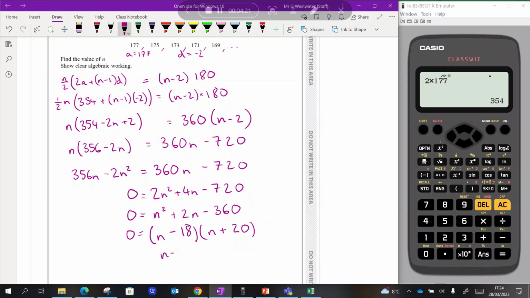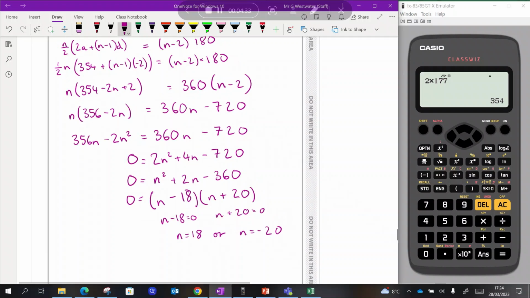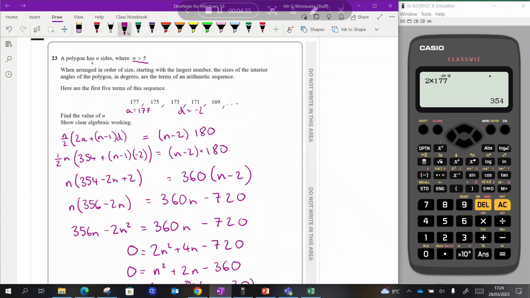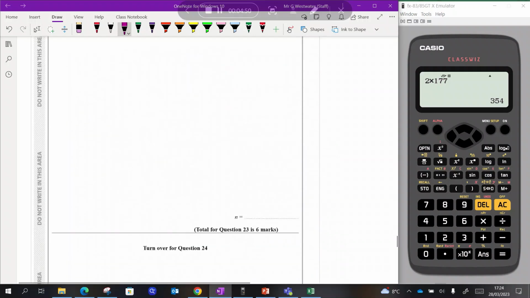So n minus 18 equals 0, or n plus 20 equals 0, and therefore n equals 18, or n equals minus 20. Let's sense check this again. So n is the number of sides, can't be negative, okay, can't have negative number of sides, so that must mean n is 18.